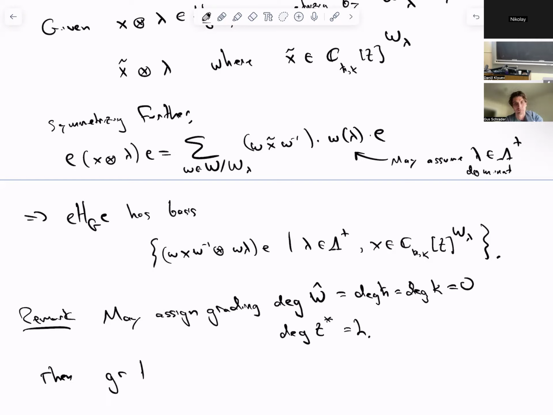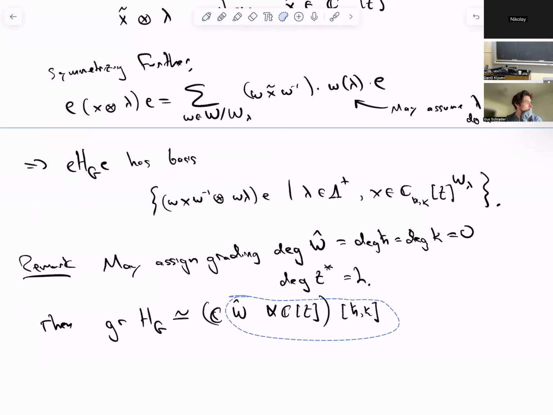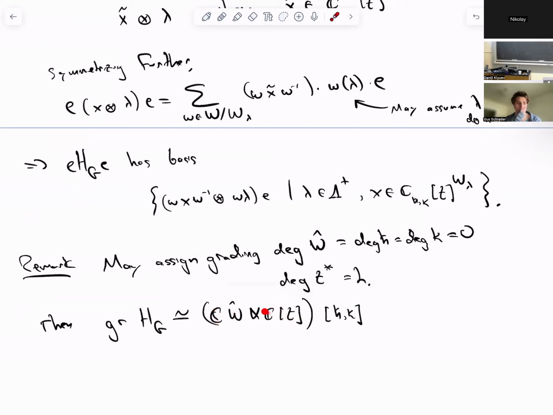Then the associated graded of the trigonometric DAHA is just the group algebra of the finite Weyl group, semi-direct, the polynomial algebra T. So this now acts in the ordinary way. There's no H bar, there's no kappa deformation. So it's the ordinary semi-direct product, and then you take H bar and kappa as variables separately.